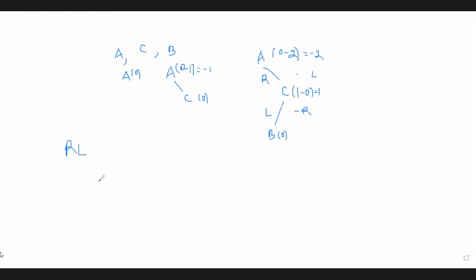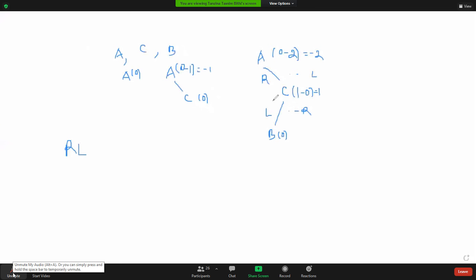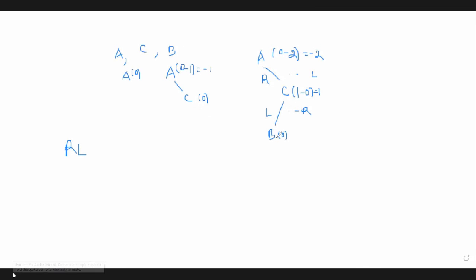So in this rotation, how do we change the sequence of the nodes? I already told you the middle one will become the root node. So how can we change them now? At first, change this one, apply right rotation on this part. So how to apply it? We will not change A first. Okay, so this is A and C is the right subtree, right child of A. And here, which rotation will be applied?